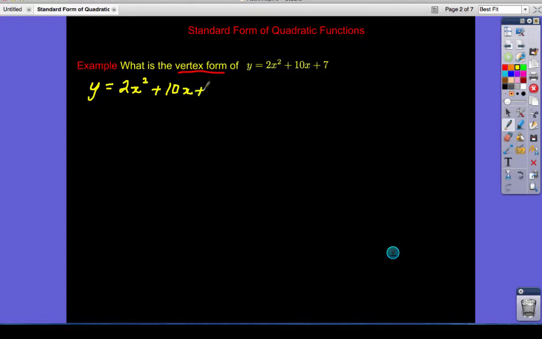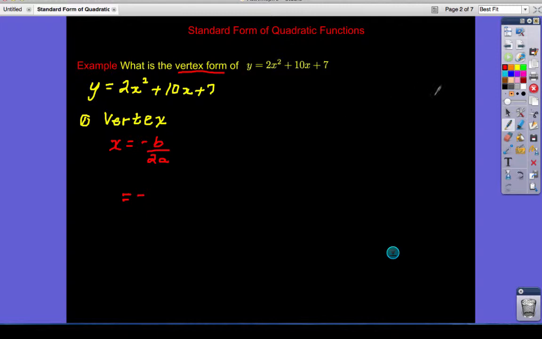If I want vertex form, I have to find the vertex, so my first step is the vertex. The vertex value matches x equals negative b over 2a. So if I find the axis of symmetry, I can find the x-coordinate of my vertex. Let's go ahead and substitute.